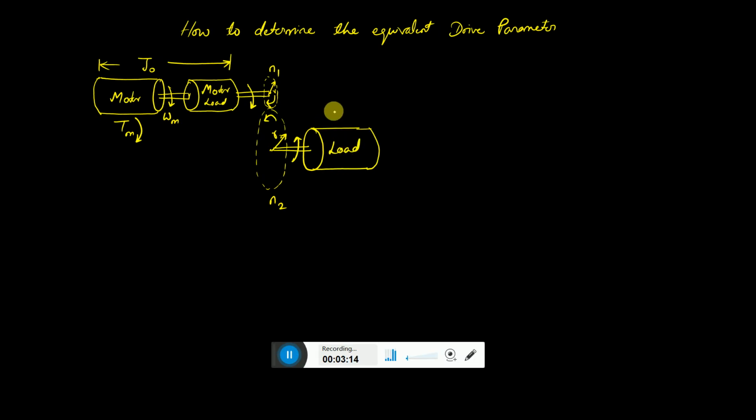The load has an inertia, let us say JL, and this is rotating. It may or may not be the same as the speed of the motor. It will be lesser than the speed of the motor if the structure is like this. So omega L is the speed of the load, meaning the rotational speed of the load.